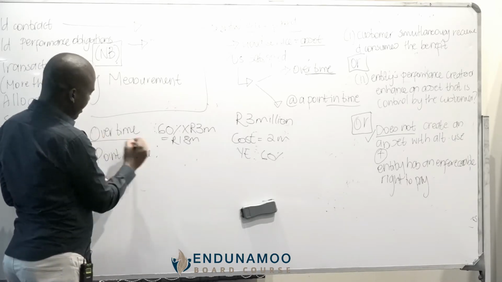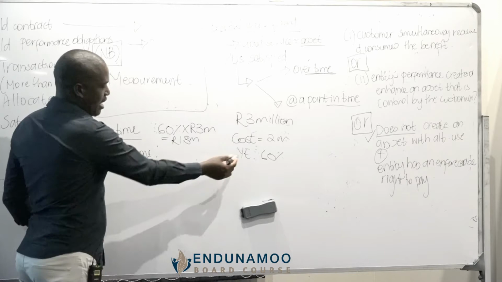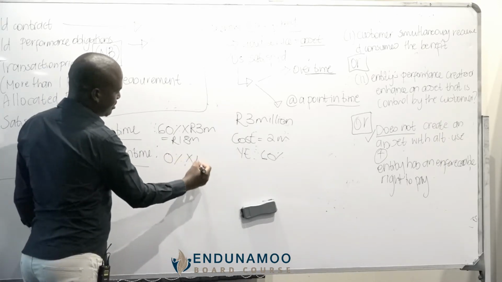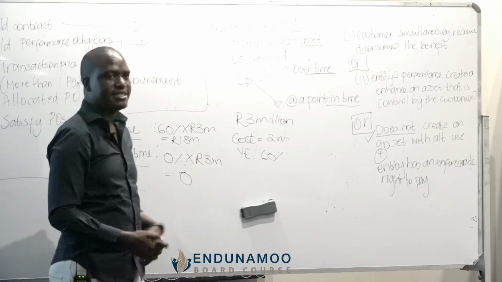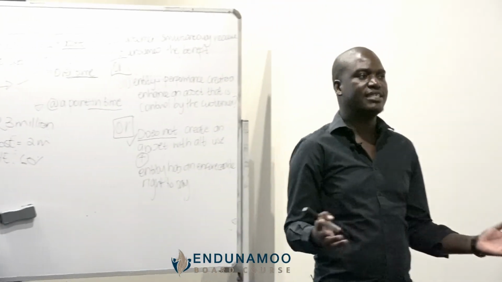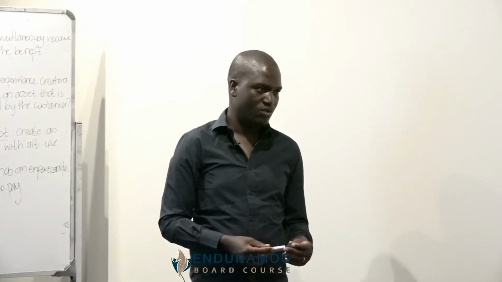But if you say that it is actually at a point in time, and at the end you are 60% done, you need to recognize 0 revenue. So can you see that the financial reporting of the two companies can be vastly different in terms of what they conclude on how to recognize revenue?